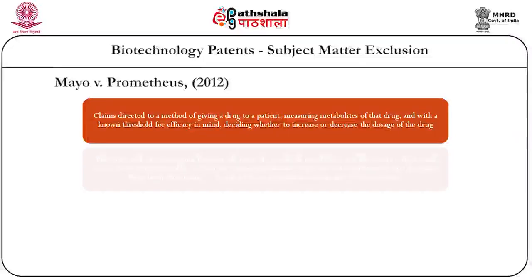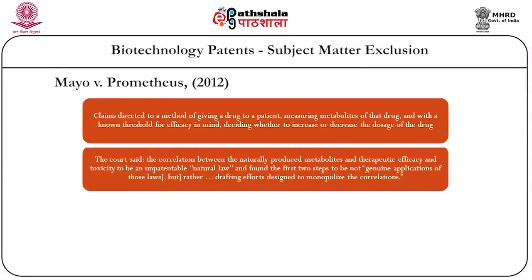Now in this case the court said the correlation between naturally produced metabolites and therapeutic efficacy and toxicity to be an unpatentable natural law, and it also found the first two steps not to be genuine applications of these laws, but rather drafting efforts designed to monopolize the correlations.